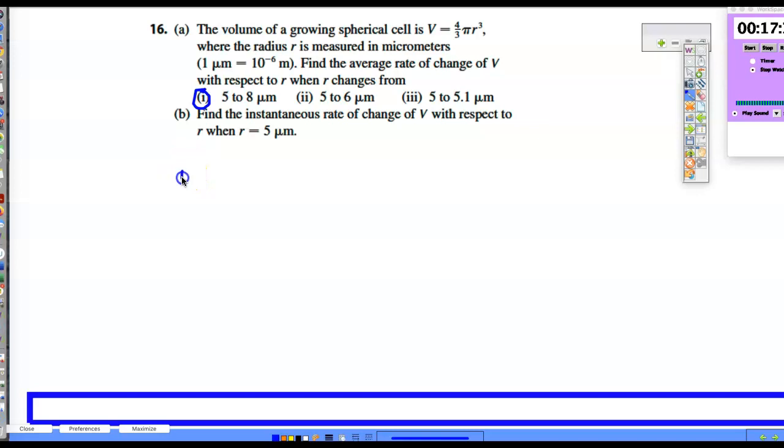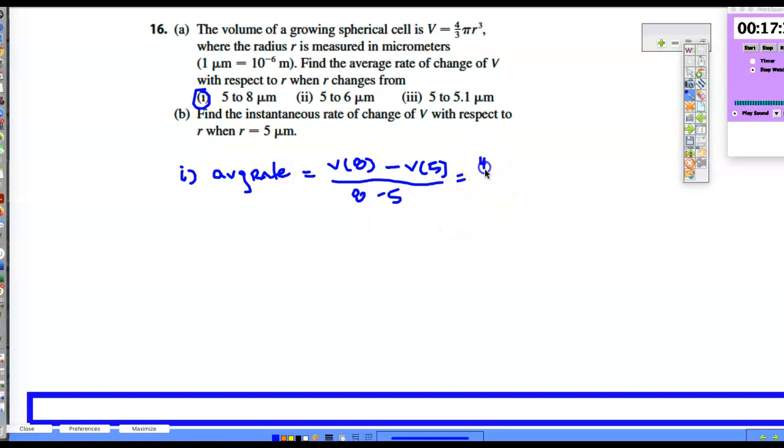For this first one, if we are going to find the average rate, the average rate is going to equal the volume when r is 8 micrometers minus the volume at 5, all over 8 minus 5. And that's where the calculation is going to be of importance.